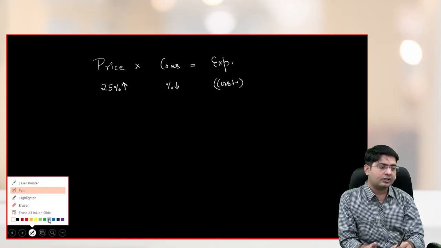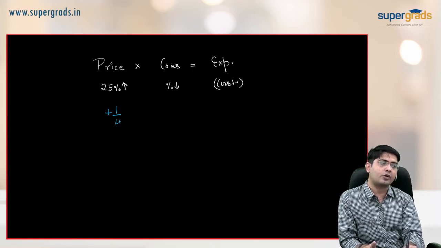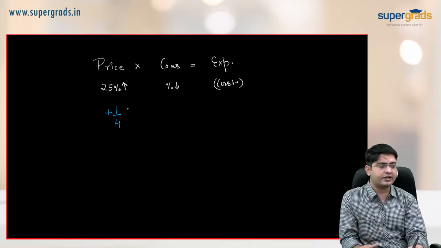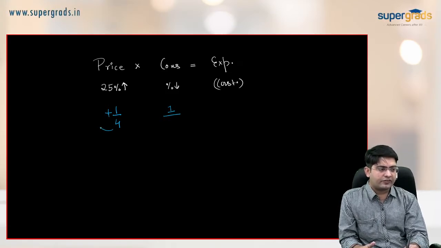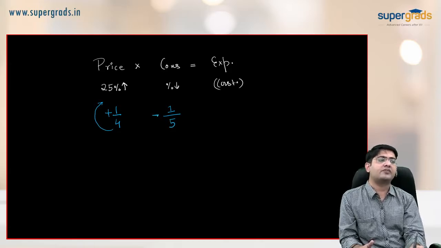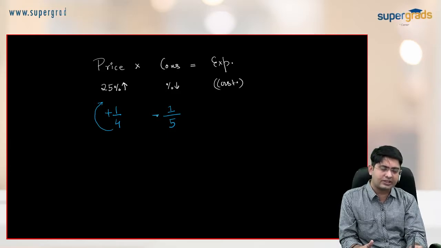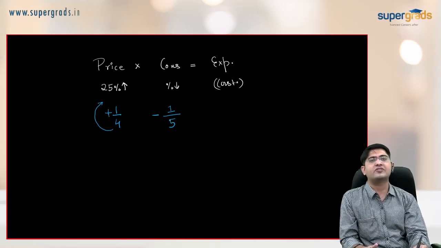Same technique: 25% is 1 upon 4, and because it has increased, I assign the plus sign. Keep the numerator as it is, and add the numerator to the denominator, 4 plus 1, which is 5. Consumption will reduce by 1 by 5; I introduce the minus sign because it reduces.